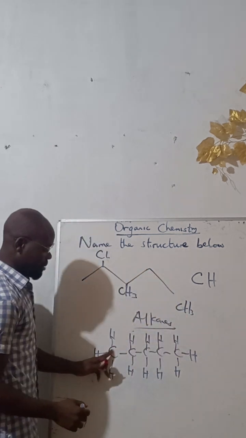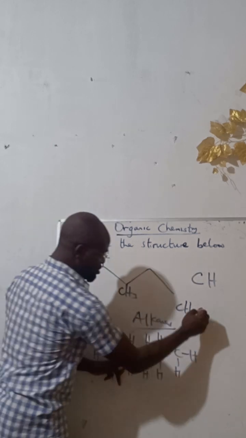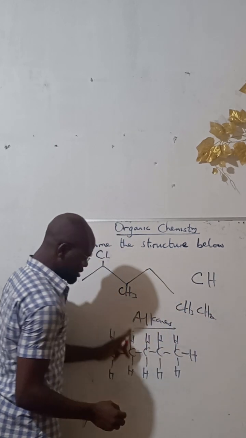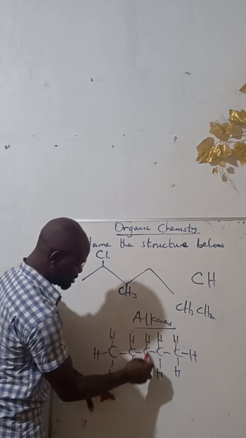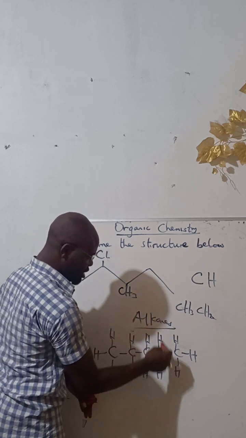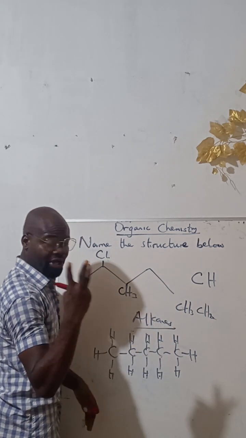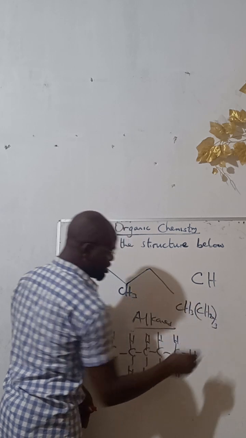Then I move to the next C, H2. My CH2 comes in three places, so I'll just say CH2, everything comes in three ways.